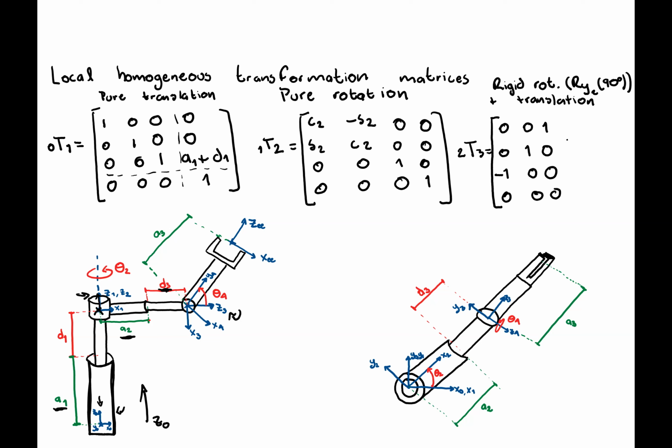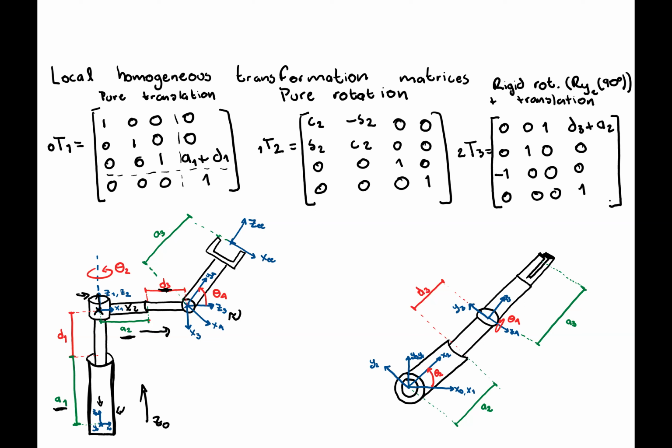And then our translation is going to be along the x-axis of the predecessor. So it's going to be along this axis, which is actually x2, moving along this direction. So that's going to be our translation. So here we have D3 plus A2 in the x-axis, 0, 0, 1.